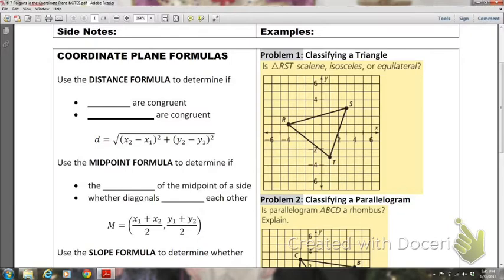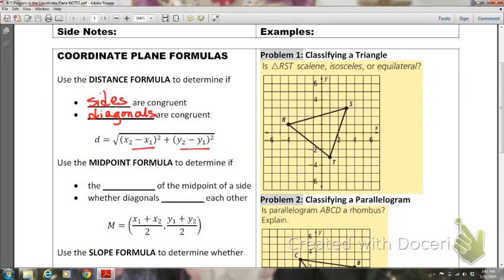So let's review these. The distance formula, you're going to use it to determine if sides are congruent or if diagonals are congruent. Here's the distance formula to refresh you on that. Distance d is equal to the square root of the difference between your x coordinates squared plus the difference between your y coordinates squared.